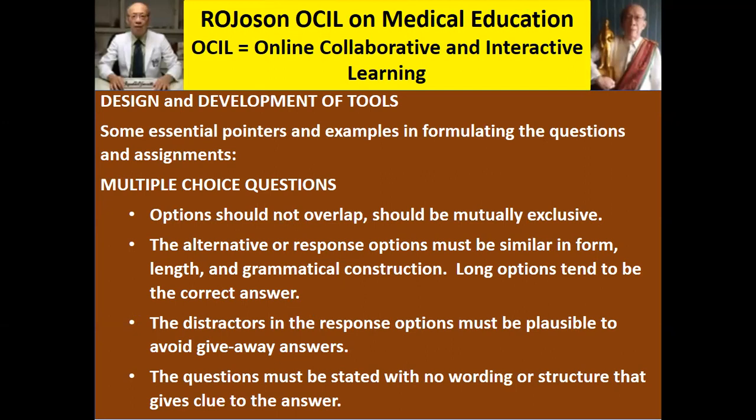The alternative or response options must be similar in form, length, and grammatical construction. Long options tend to be the correct answer. The distractors in the response options must be plausible to avoid giveaway answers.